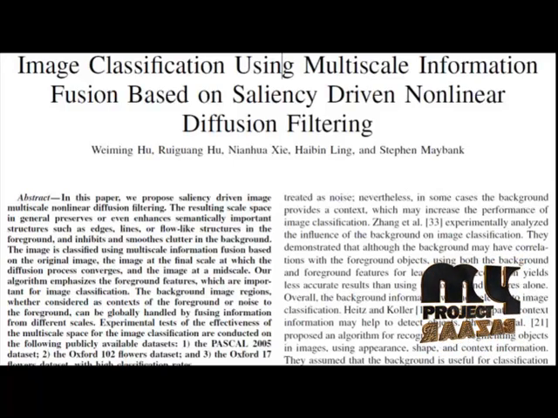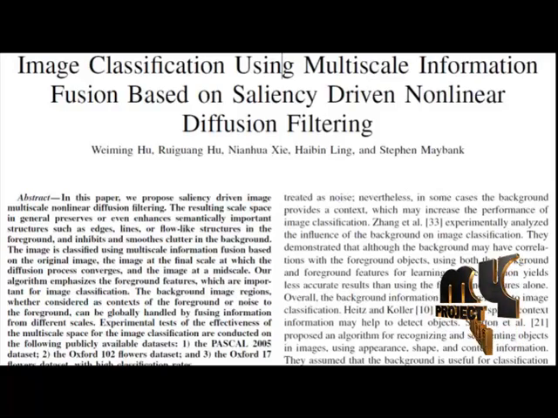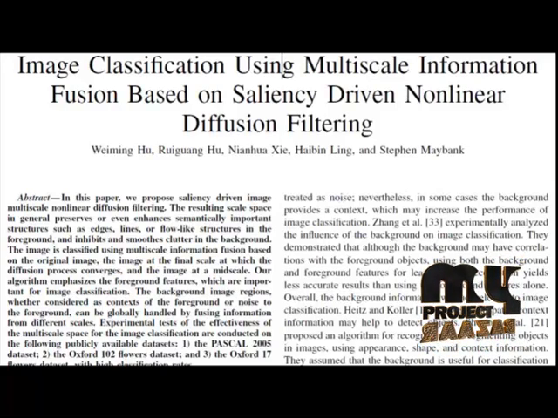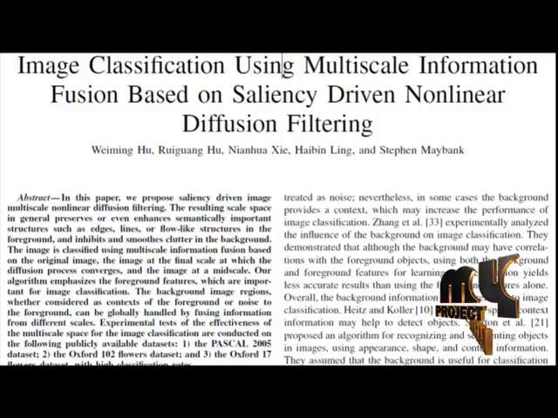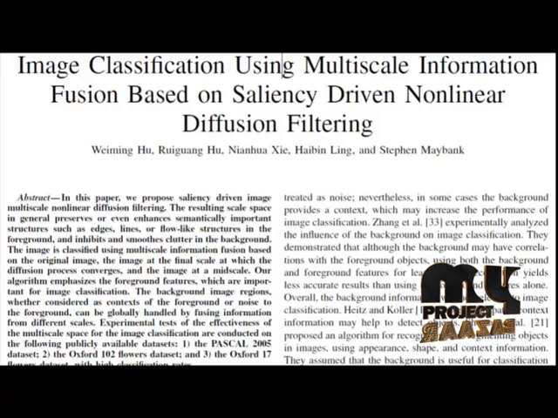The image is classified using the multiscale information fusion based on the original image, the image at the final scale at which the diffusion process converges, and the image at a middle scale. Our algorithm emphasizes the foreground features which are important for the image classification. The background image regions, whether considered as context of the foreground or noise to the foreground, can be globally handled by fusing information from different scales.